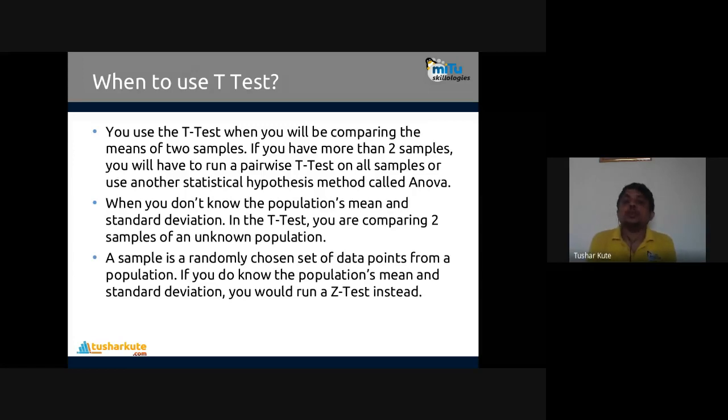When we don't know the population mean or the standard deviation, we make use of the sample data to work on it. A sample is a randomly chosen set of data points from the population. If you do know the population's mean and standard deviation, we can use a Z test. The Z test is another test, but we will not cover it; we'll be focusing on the t-test only.